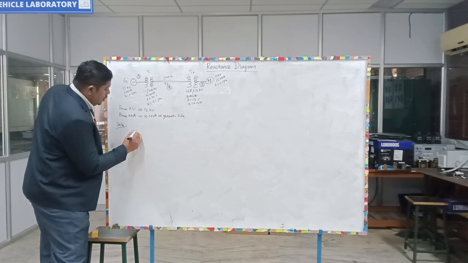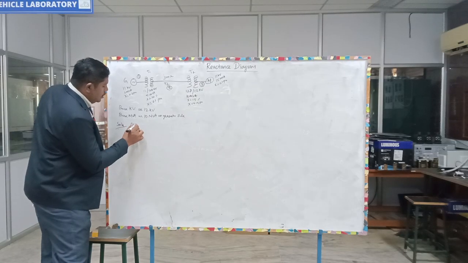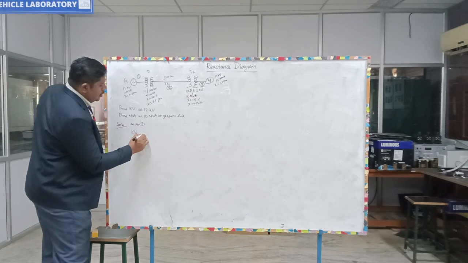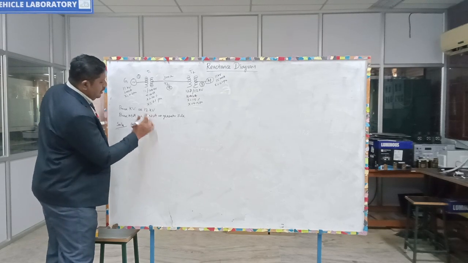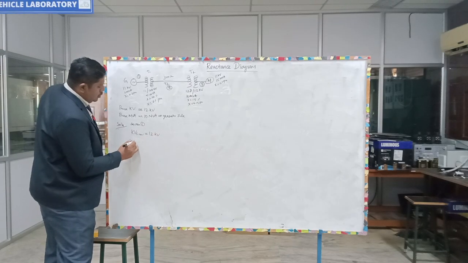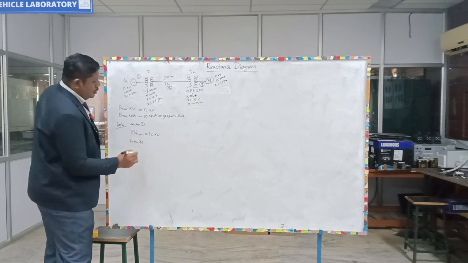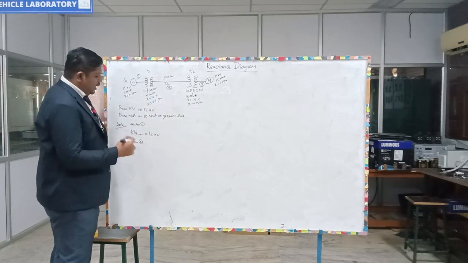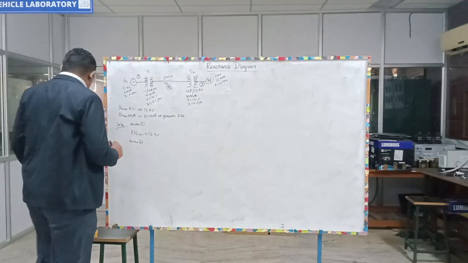So the kV base new for section 1 is given as 12 kilovolt. Then for section 2, you have to calculate the new kV base.